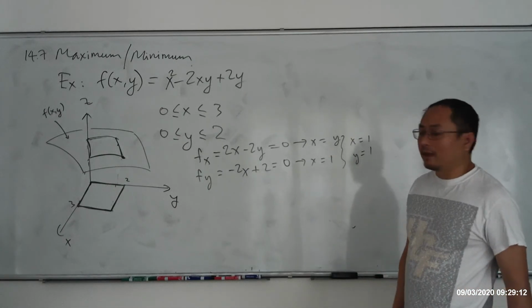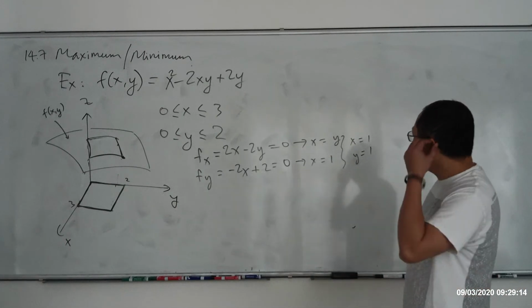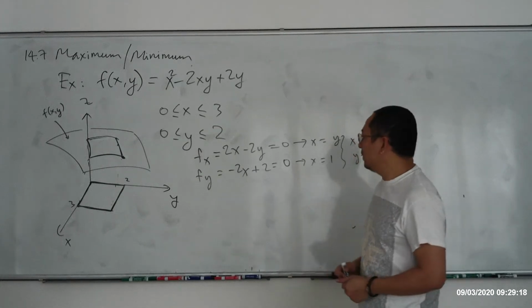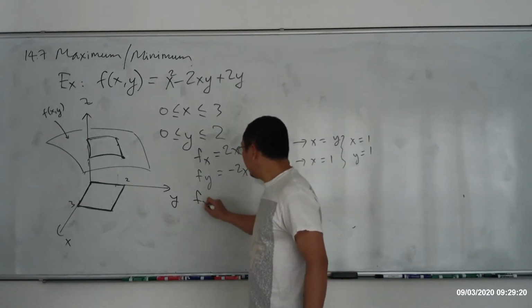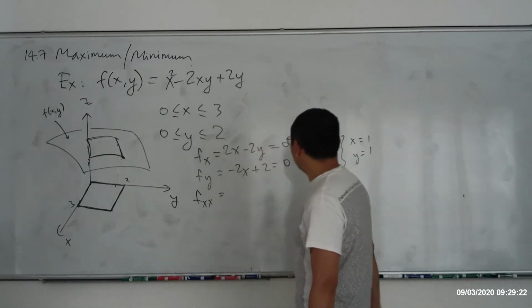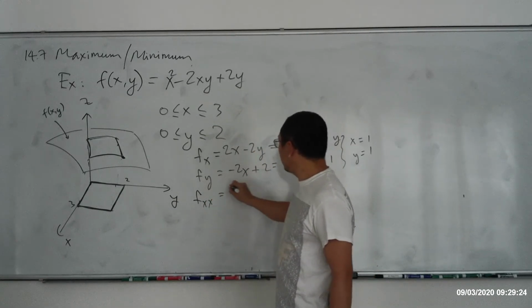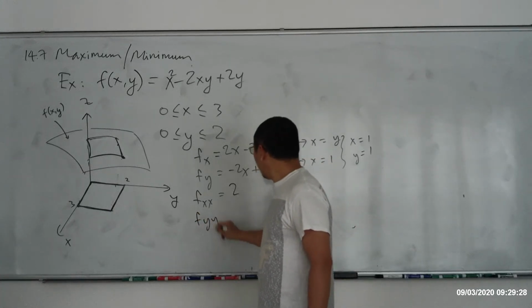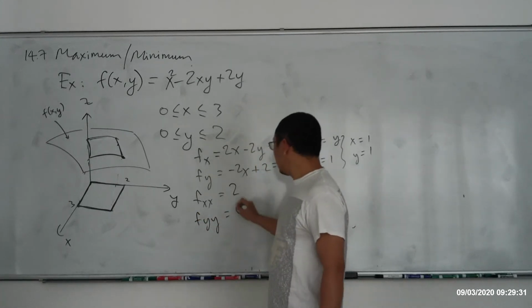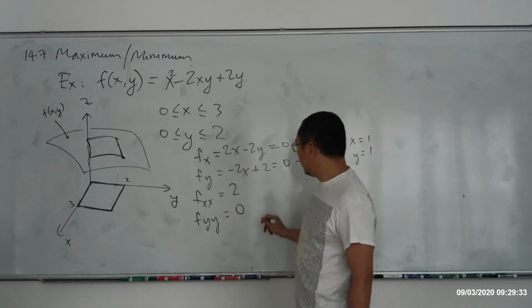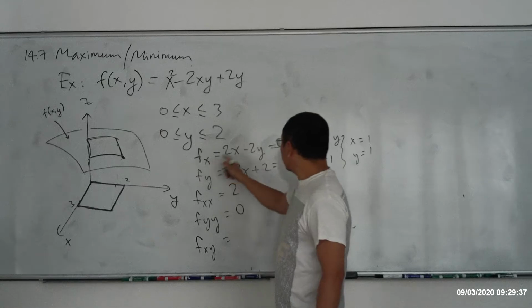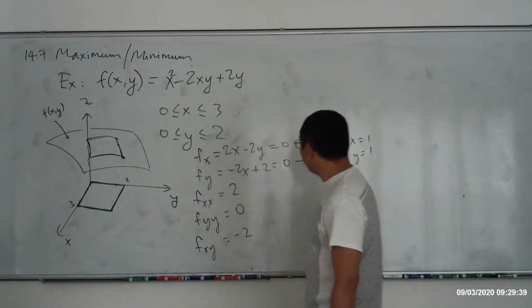And we want to see if this is a local max or a local min, so we do the second derivatives. Fxx is equal to 2, positive. And Fyy, no y in here, so 0. And Fxy, from Fx right here, Fxy is negative 2, right?